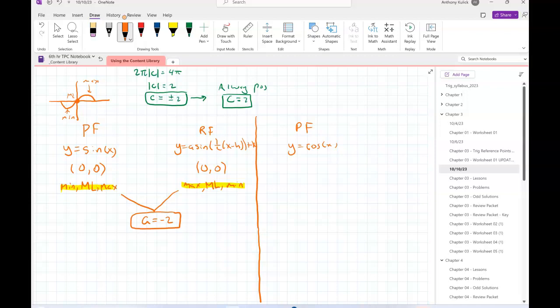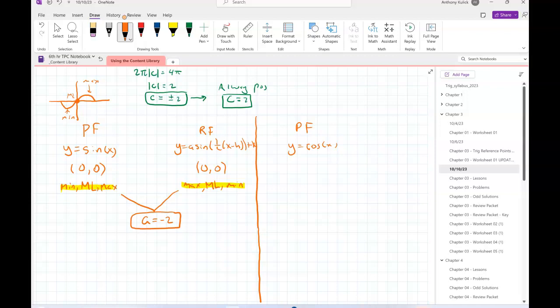So I looked at what type of midline point I had in my function compared to the midline point from sine. From the parent function, sine x, it goes minimum, midline point, maximum.